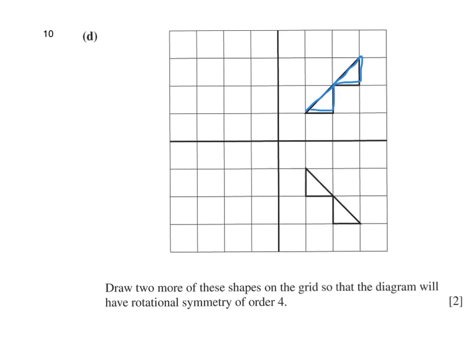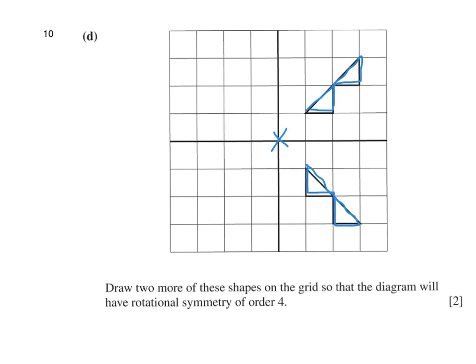Now, if we want rotational symmetry 4, we can clearly see that we want to replicate these shapes in our remaining 2 quadrants. We just need to know exactly where they go. Now I have traced here, and I'm going to use my origin here as my centre of rotation.